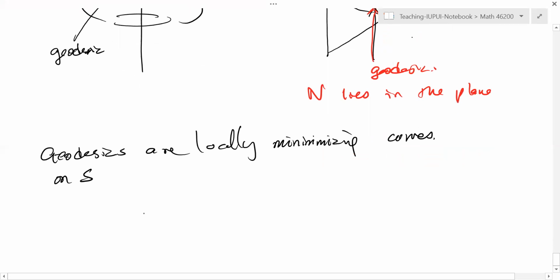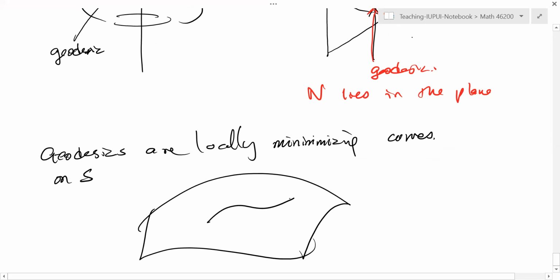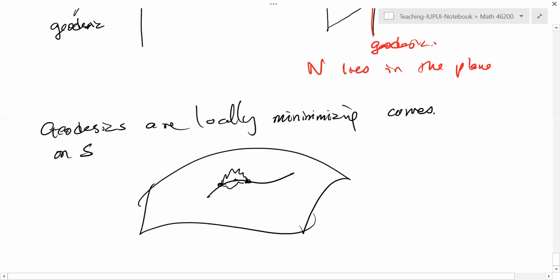So if here's a surface and this is a geodesic, that means for a small neighborhood, any other curves are going to be longer than that particular one. This should be the original definition. Locally minimizing curves are called geodesics in some textbooks. Then they show that it holds if and only if the geodesic curvature is zero.